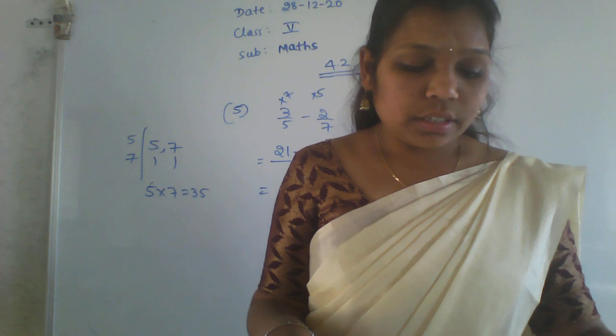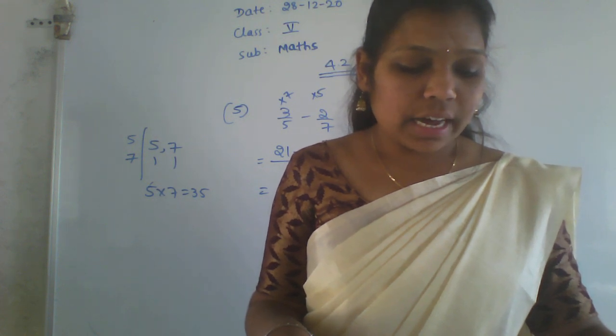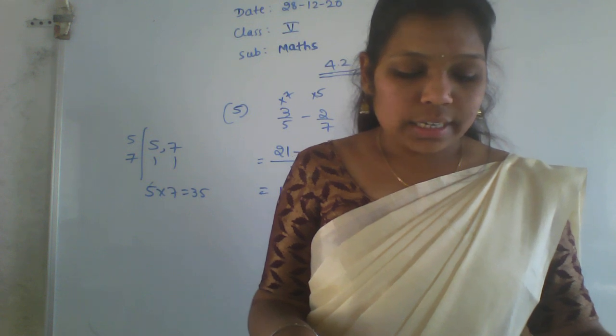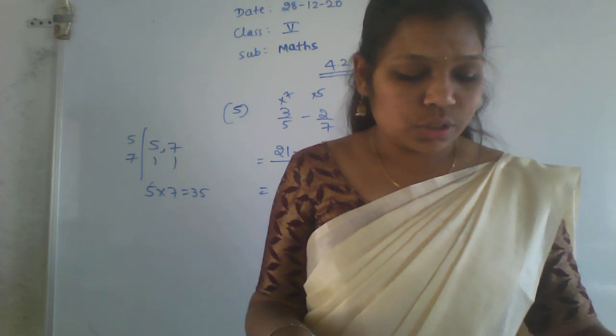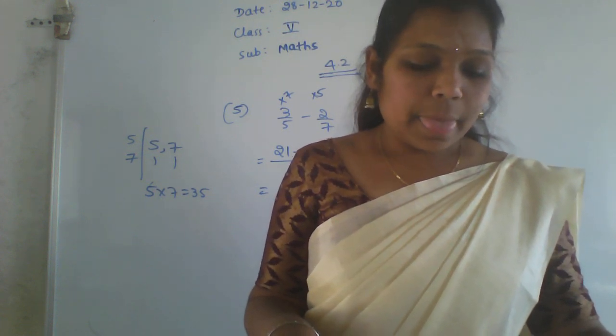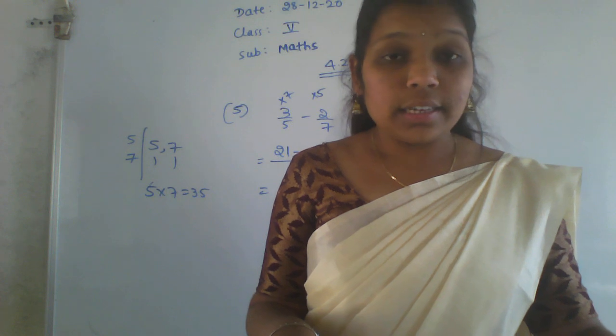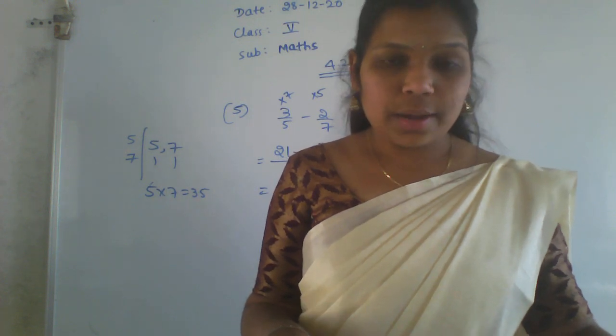Shreya spent 2 integer 1 by 5 hours watching cartoons on a Saturday and 1 integer 1 by 4 hours watching cartoons on a Sunday. How many hours did Shreya spend watching cartoons over the weekend? You have to do the addition. Okay.